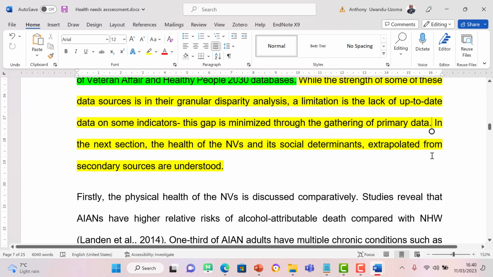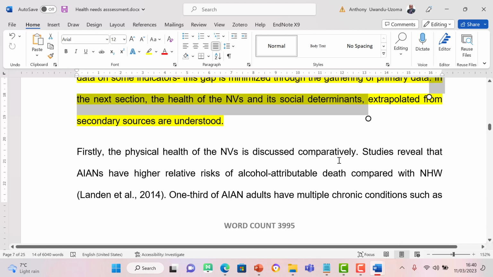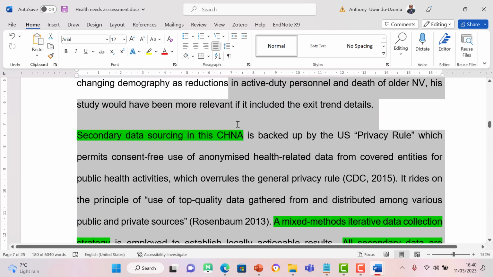All right. Now, like I told you, you have to highlight inequality. So when you talk about social determinants, you remember inequalities. So now having done that, here comes the end of the introduction.